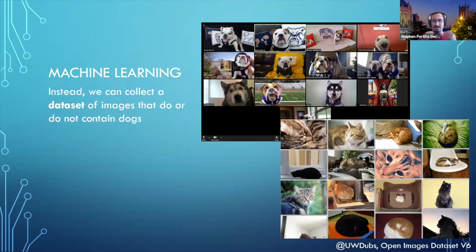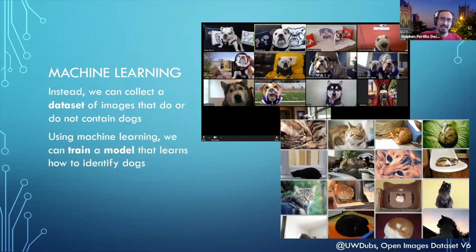And in machine learning, the approach is that you collect a data set that addresses the task that you want to do, identifying dogs versus not dogs. And then you go through a procedure called training, and you construct a thing called a model. You might remember that word from Josh's talk, and there's actually very good reasons why it's the same word.